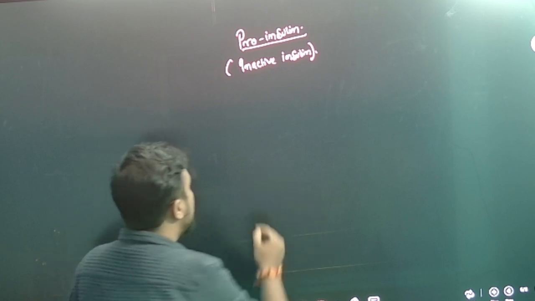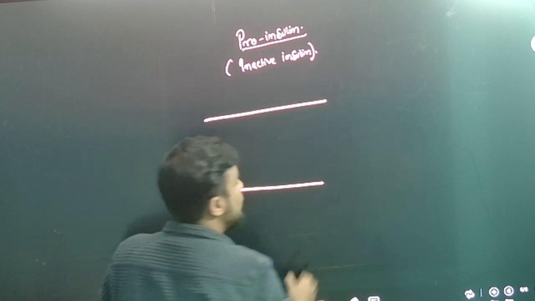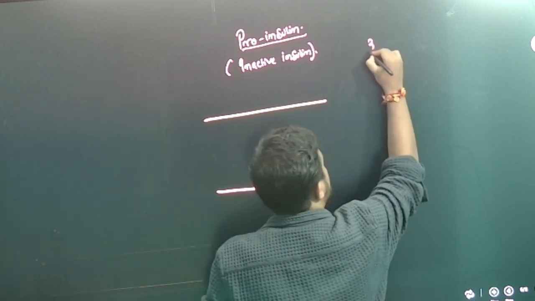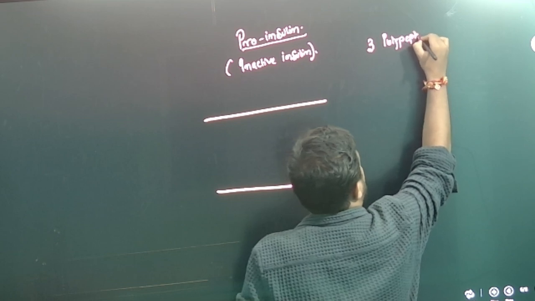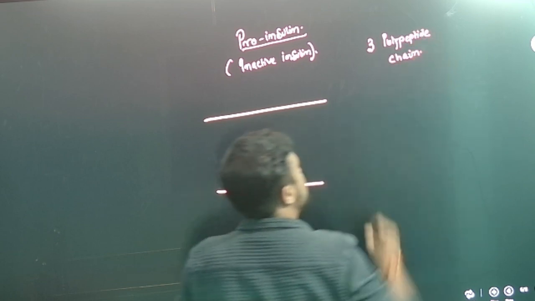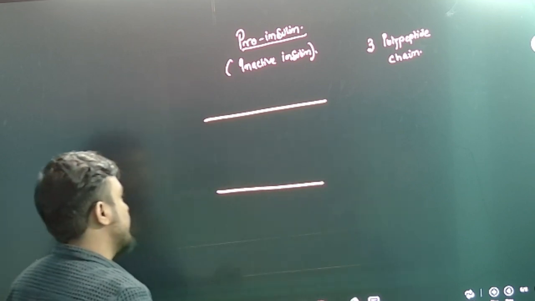Now why? Because generally insulin has polypeptide chains: 2 shorter polypeptide chains and 1 longer polypeptide chain.